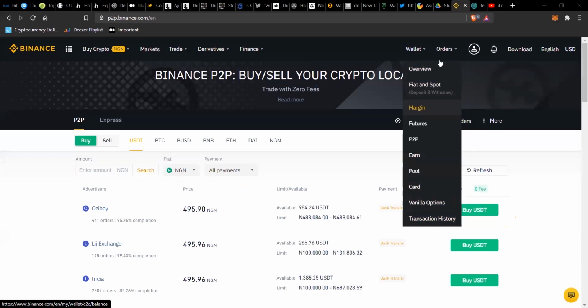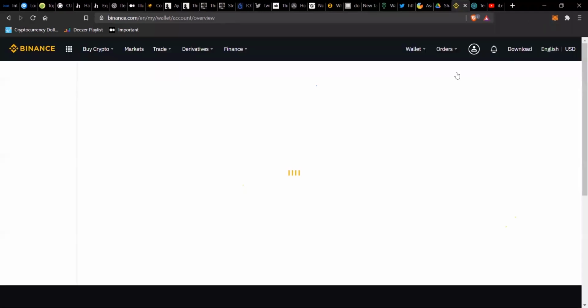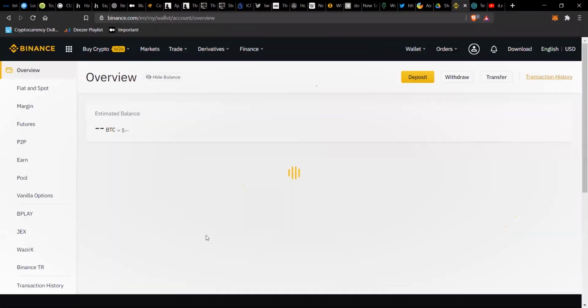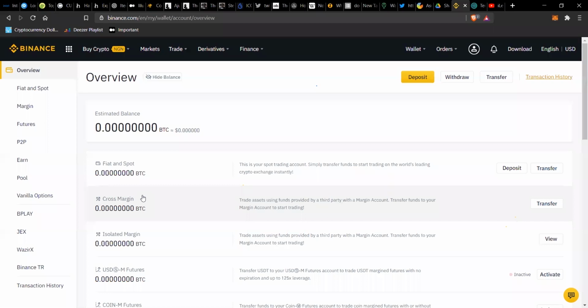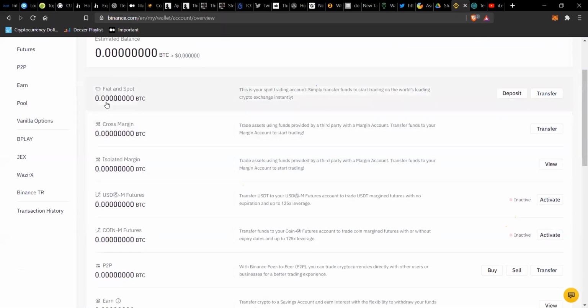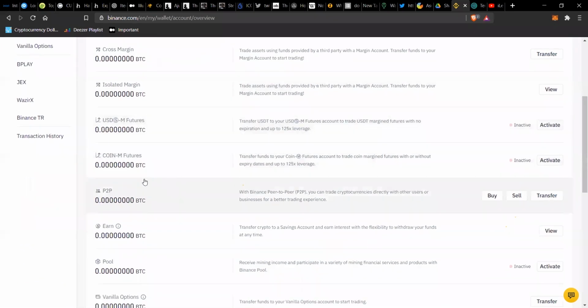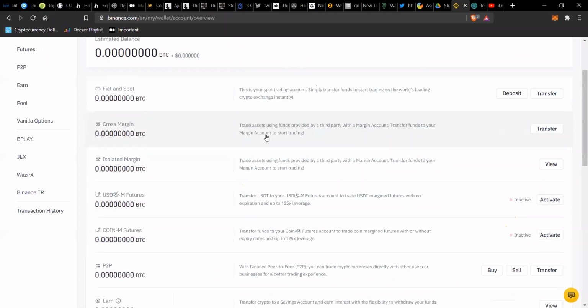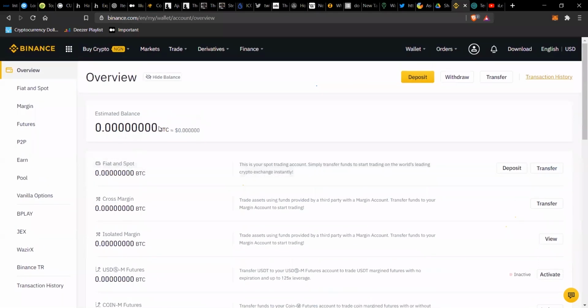These are basically my different wallets. If I click on overview, I can see everything that is in every single wallet, whether fiat and spot, margin, isolated margin. I can see what I have in all of these wallets. But now it's empty because I just created this account to teach you and show you.